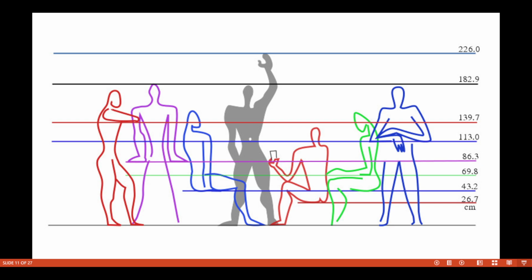Here we can see the different anthropometric postures as to how much height is required for reaching the top of a cabinet, how much height is required for reaching the tabletop, and how much height is required for sitting comfortably, and so on.